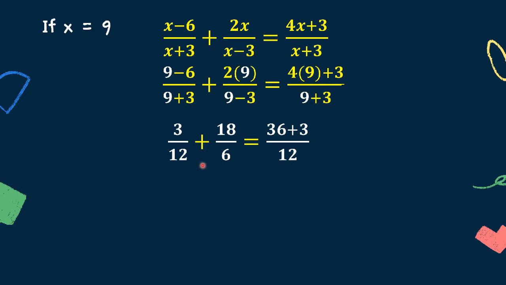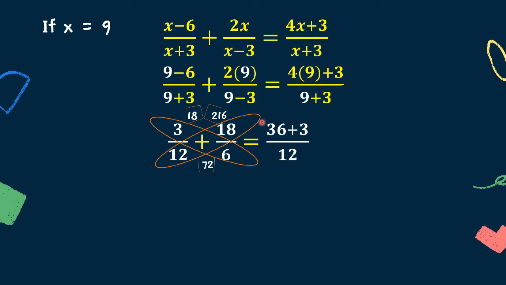So we have to simplify. We will use the butterfly method para mas madali yung ating pag-solve. We have to multiply this side: 3 times 6 is equal to 18. On the other side, 18 times 12 is equal to 216. And sa ilalim, the two denominators, 12 times 6, simply multiply. 12 times 6 is equal to 72.